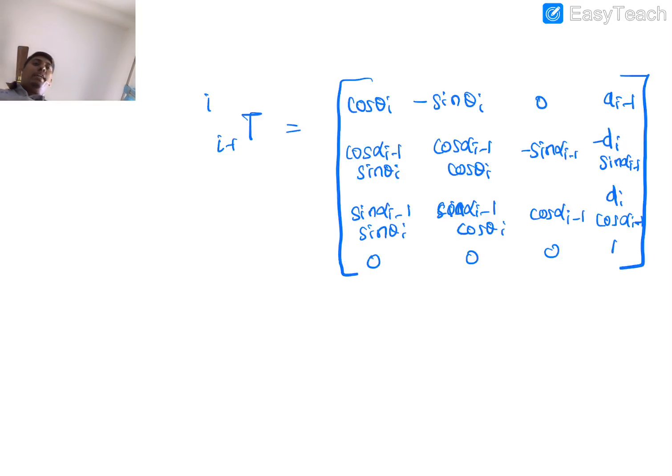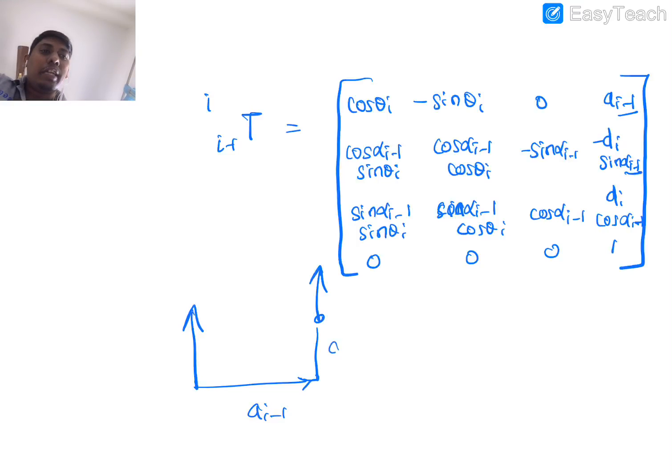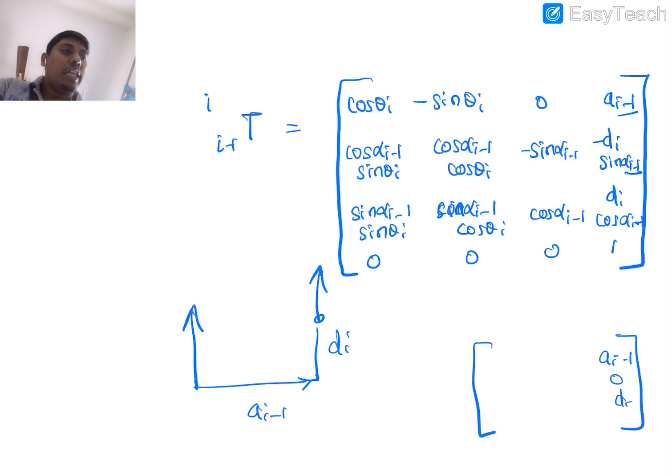The standard would be everything in terms of i, whereas non-standard is a mix of i minus 1 and i. That is the basic difference. But you can easily cross-check. This is the easiest way: when you see that these two frames are parallel but have a distance apart, a_{i-1} and d_i would be the position vectors. So in the sense, a_{i-1}, 0, d_i, and this would be the identity matrix.